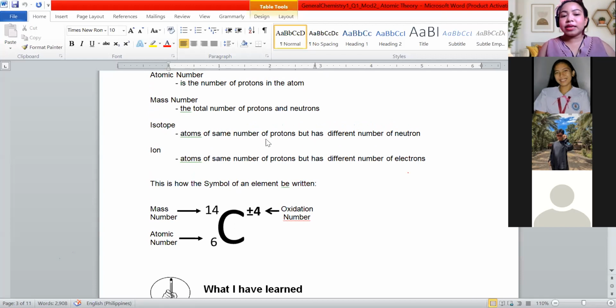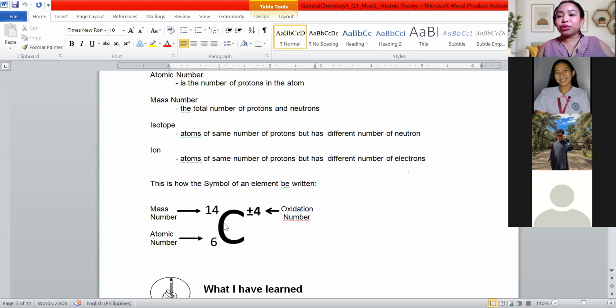An isotope is an atom which has a different number of neutrons. So carbon has C12 and C14. What is the difference? C12 has 6 protons and 6 electrons. That is the normal, neutral carbon atom.